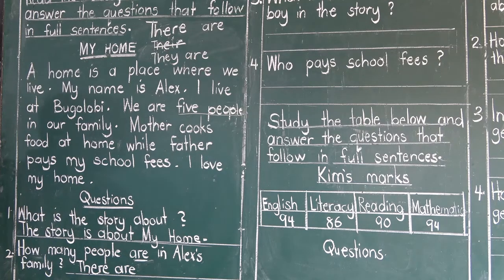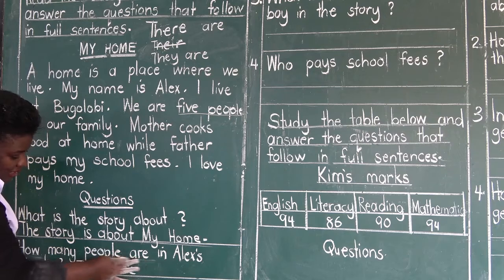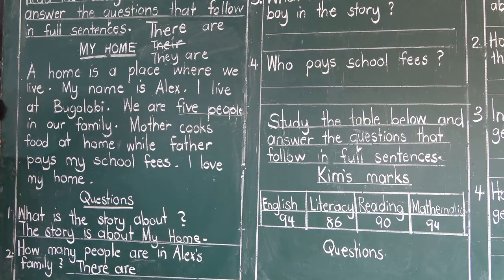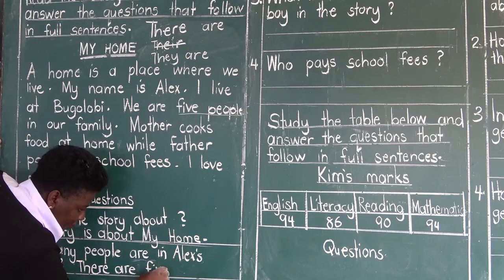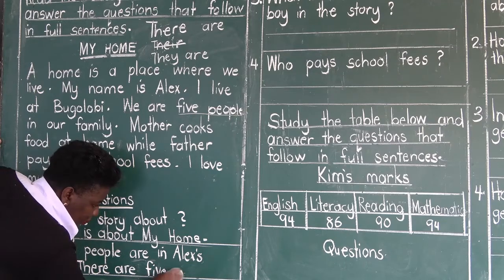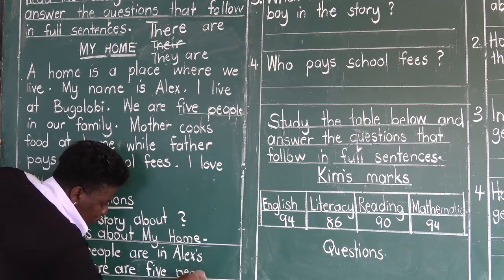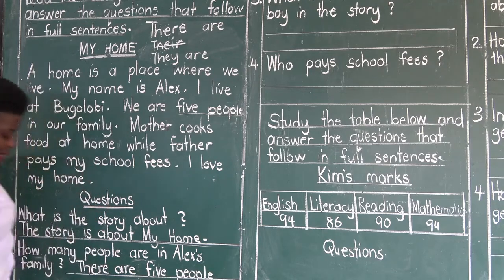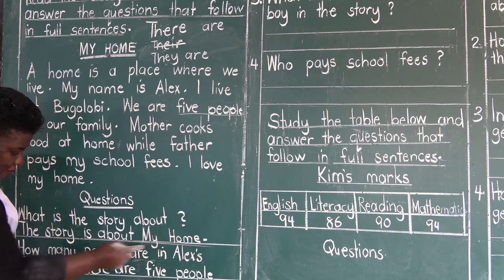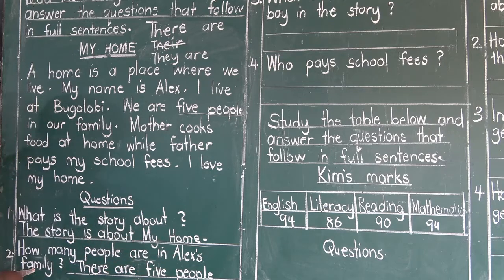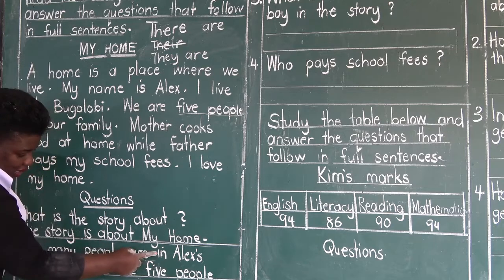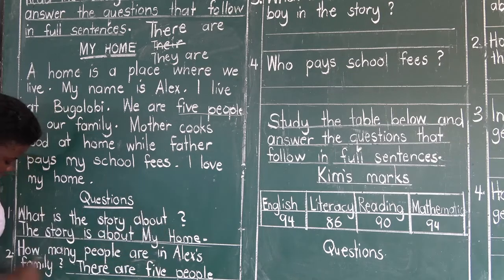In English, we don't write numbers, we don't write figures, but instead we write words. There are 5 people. The remaining words are here in the question. There are 5 people in Alex's family.